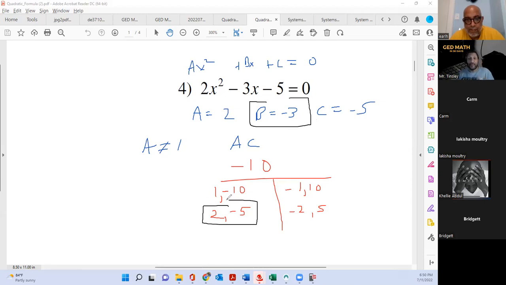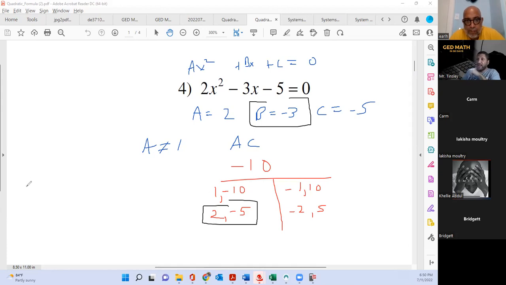But guess what? Because a is not equal to 1, we're just not going to write x plus 2, x minus 5. This is the difference, and this is why this problem becomes so much more difficult. Watch this. With the 2 and negative 5, you're now going to use those two numbers to replace your coefficient b.